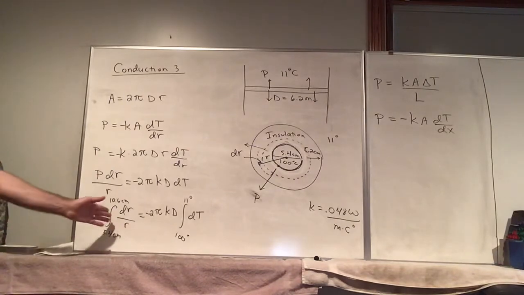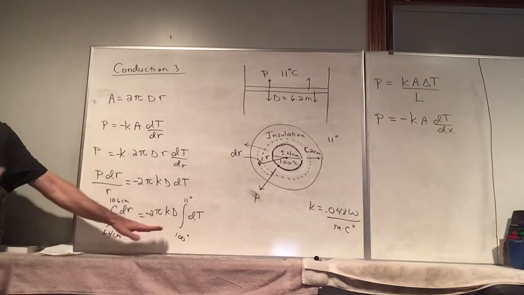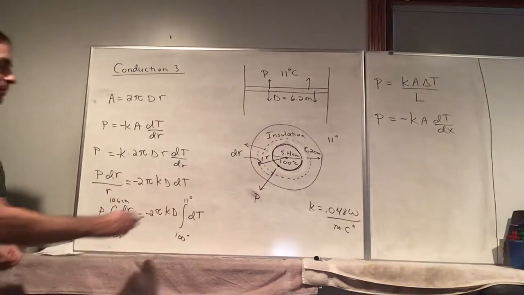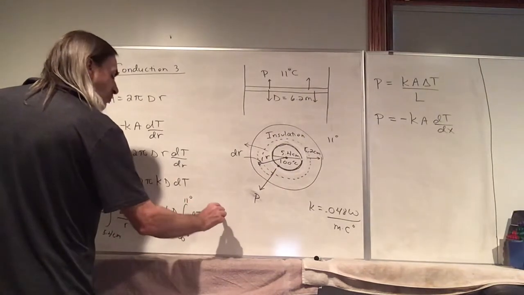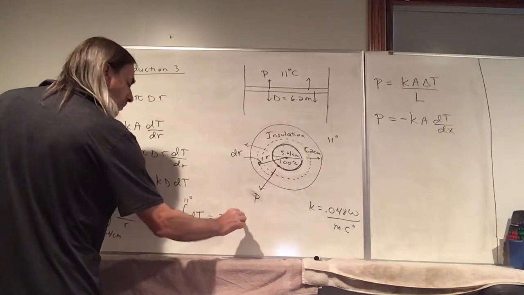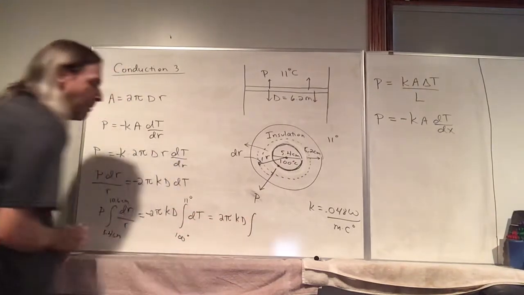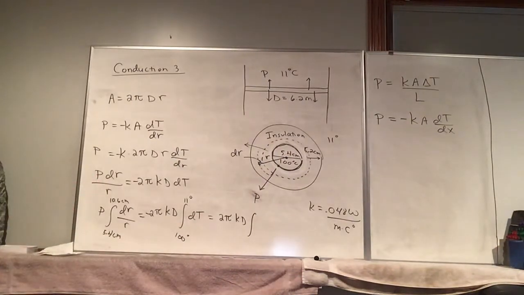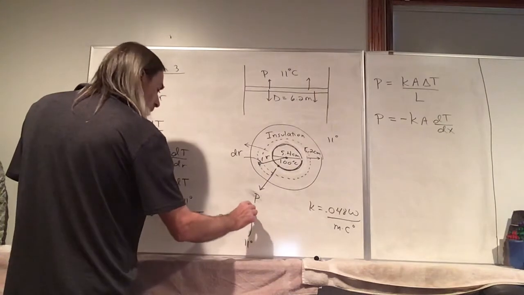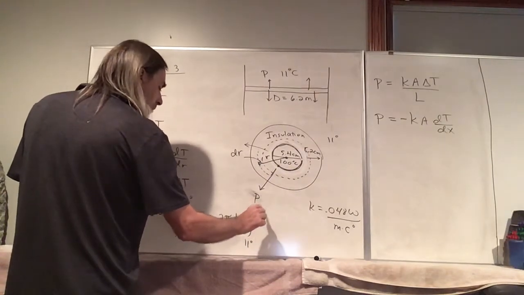Now the integral on the right is completely trivial. That's just delta t. Let's distribute this minus sign. Remember, you can change the limits of integration by multiplying by -1, so we can say from 11 degrees to 100 degrees Celsius.